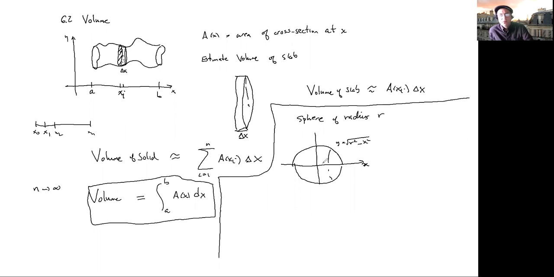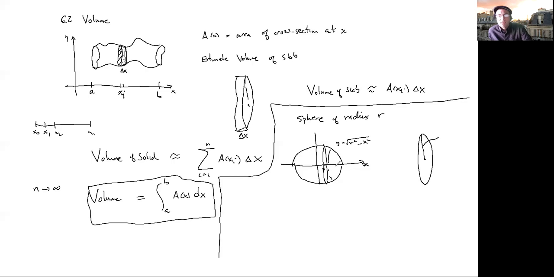And so what we have to do is compute the cross-sectional area of each cross-section. So let's draw the cross-section again. So if that's the point x, then what's the area of this cross section? Well, it's an area of a circle. And what is the radius of that circle?